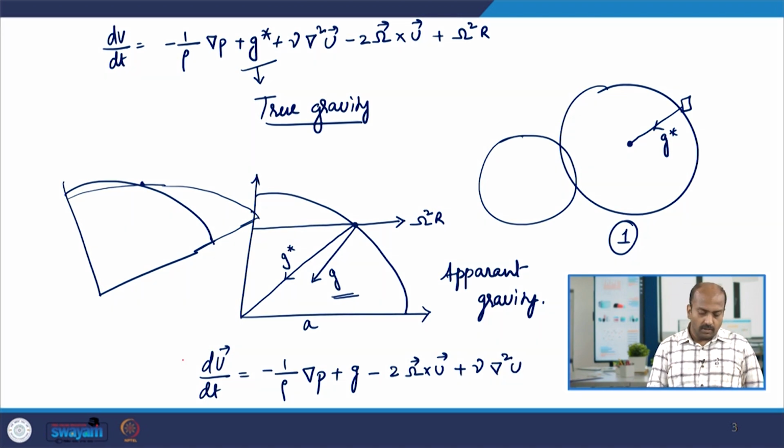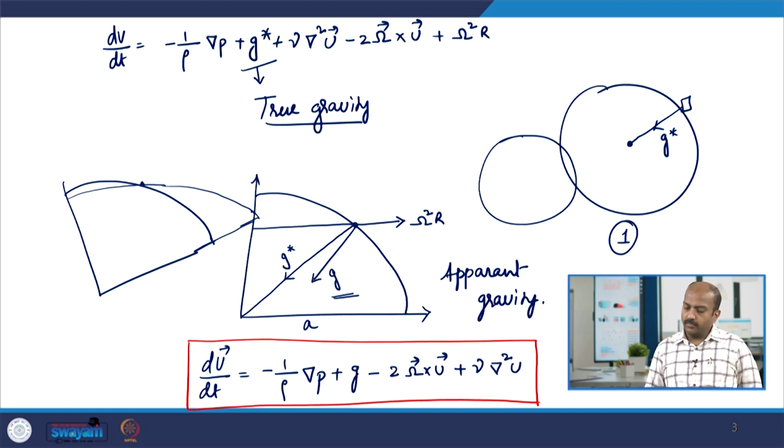This equation is called the Navier-Stokes equation, or the momentum equation, which writes the acceleration as equal to the sum of forces. So, we do not write the centrifugal force separately.